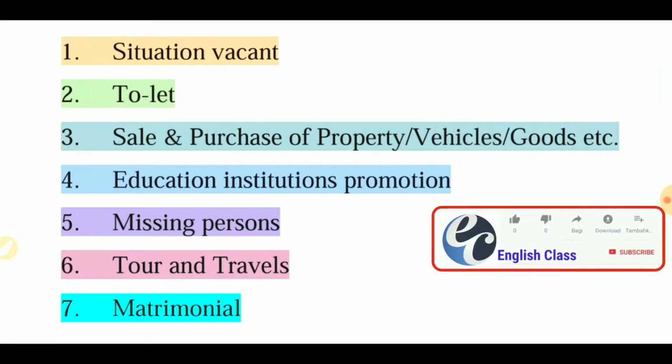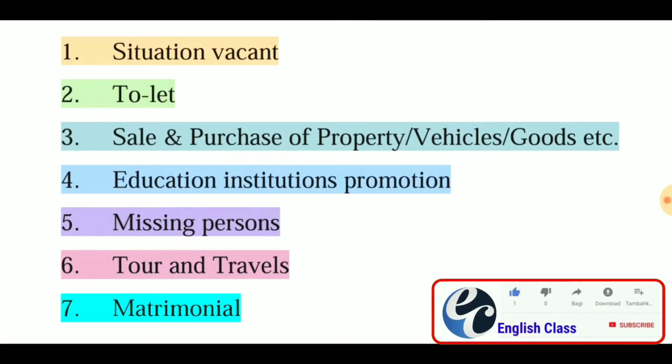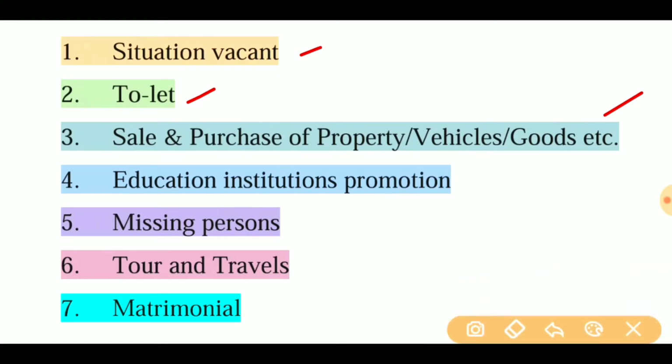First is situation vacant, then to let, then sale and purchase of a property, vehicle or goods or other things. Then come promotional advertisements of educational institutes, then missing persons advertisements, advertisements of tour and travels, and lastly matrimonials. These are the 7 important types.